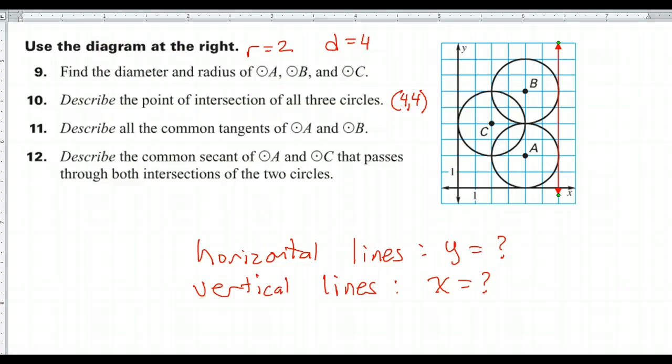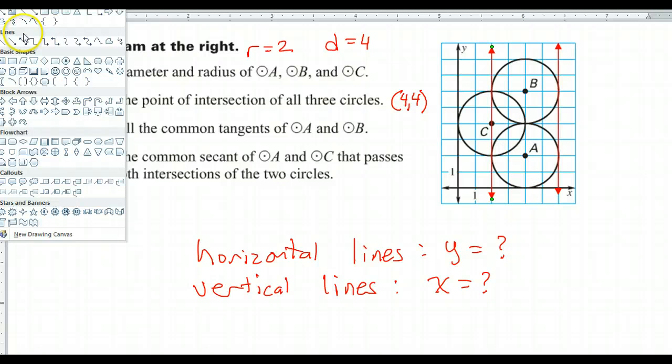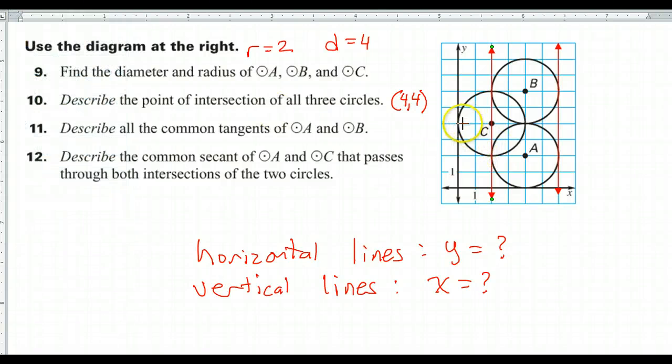Another common tangent, similarly, would be this line right here. Okay, so just looking at A and B, those are two common tangents. Can you see another common tangent? Yeah, another common tangent is going to go right here through the middle.